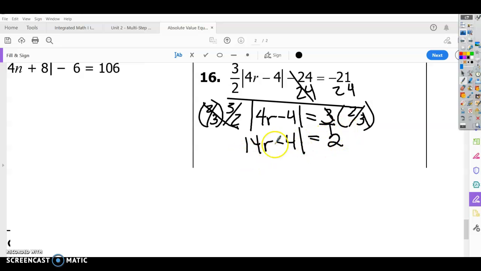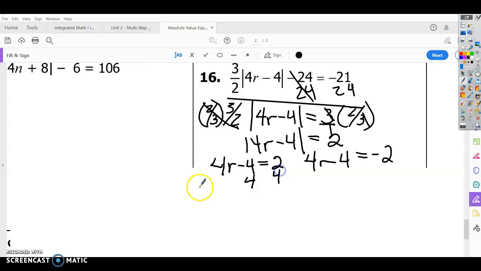All right, now we have our absolute value isolated. 4r minus 4 equals 2. And 4r minus 4 equals negative 2. Again, the left side stays the same. The only thing that changes is the 2 and negative 2 because that's your distance from 0 on the number line. So I'm going to have 4r come down.